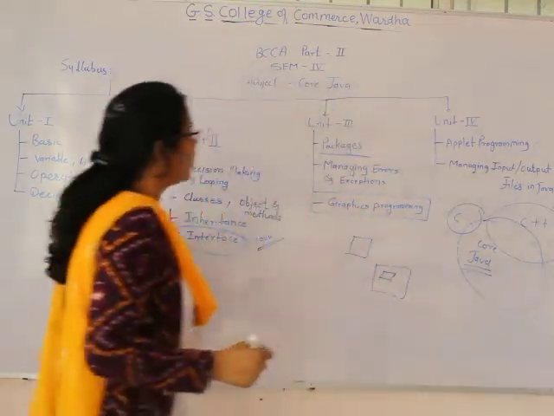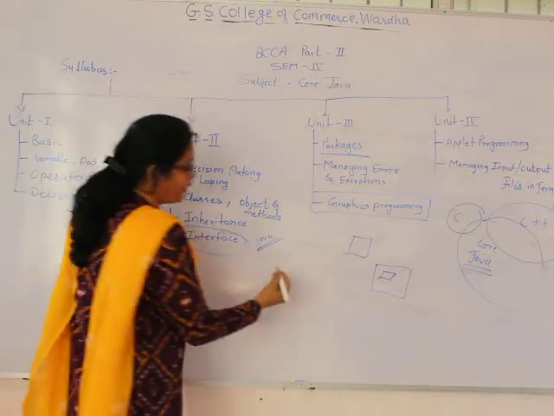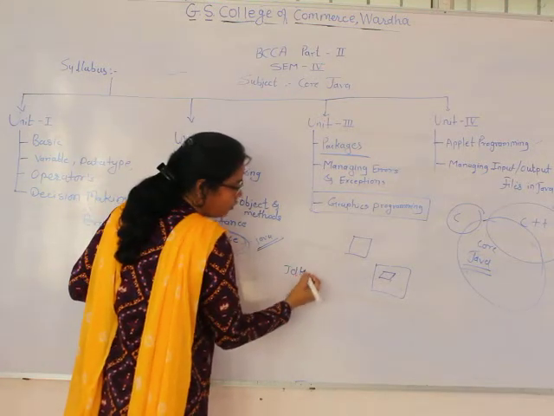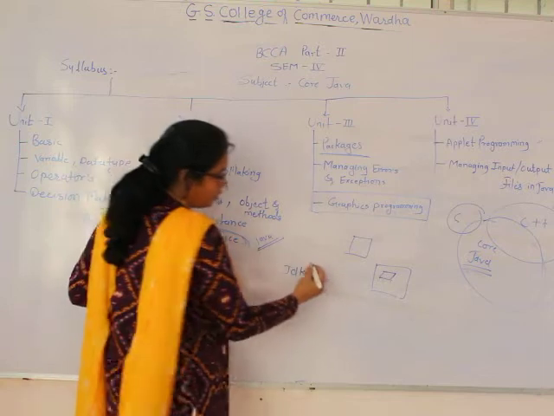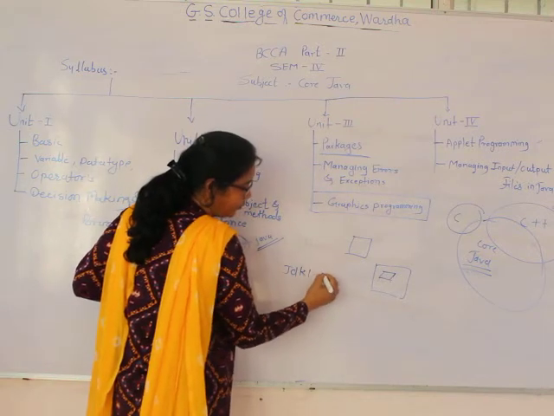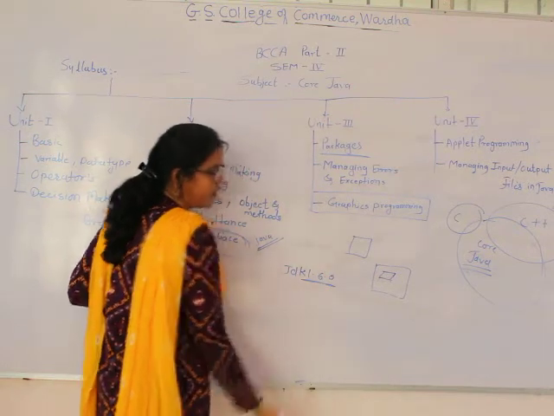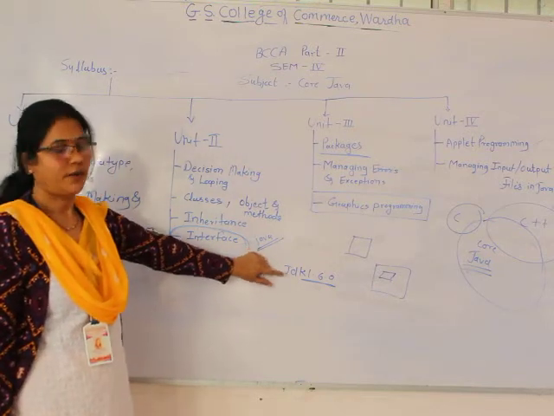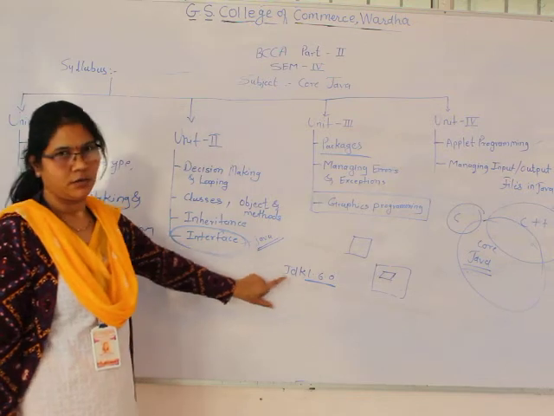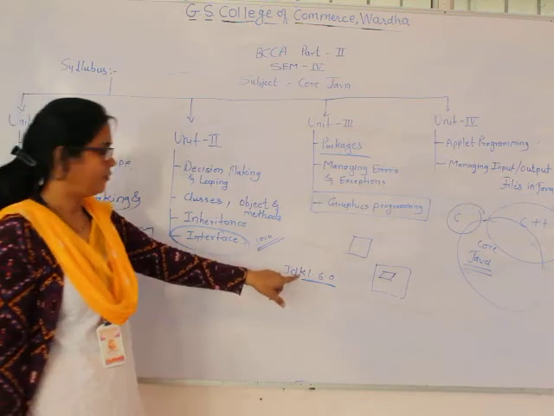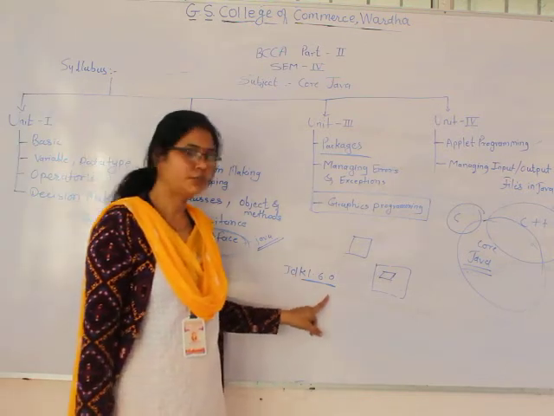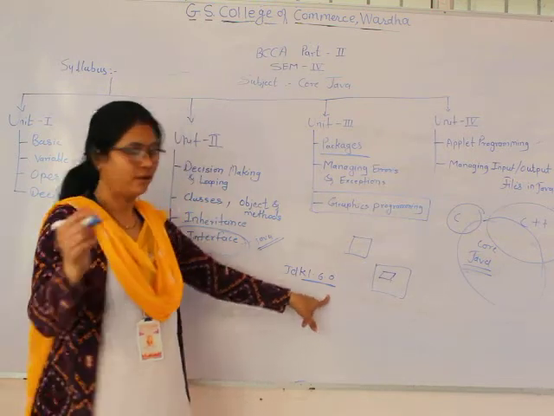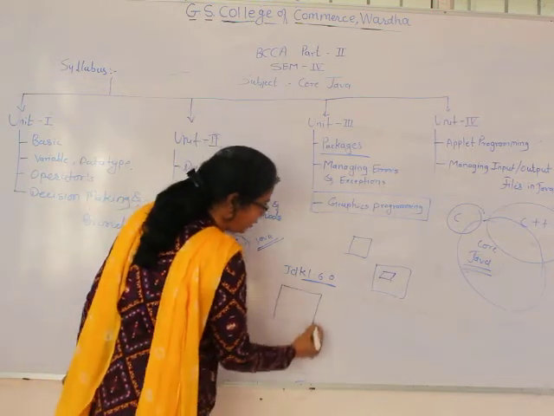Okay, so for this we require the JDK tool for running the program. So we use JDK 1.6.0 here, that is the Java Development Kit, version 1.6.0, and we use the editor Notepad.